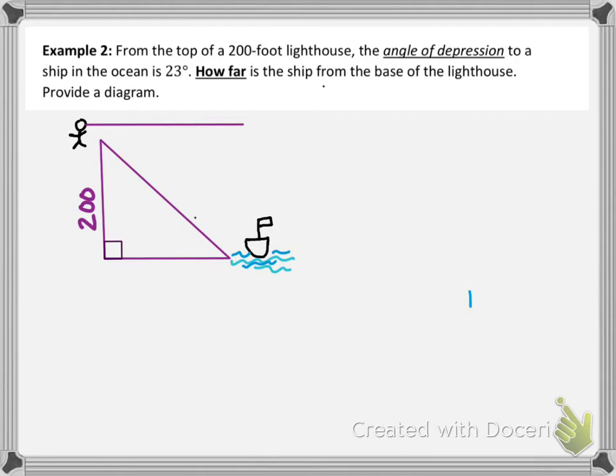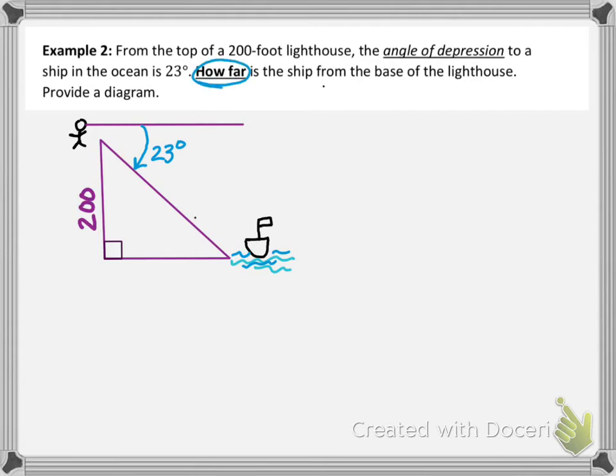So that means from the horizontal, because you remember I told you it always has to be from the horizontal, you're going to look at the angle in a downward motion. Let me try that again. Okay, so that is 23 degrees.